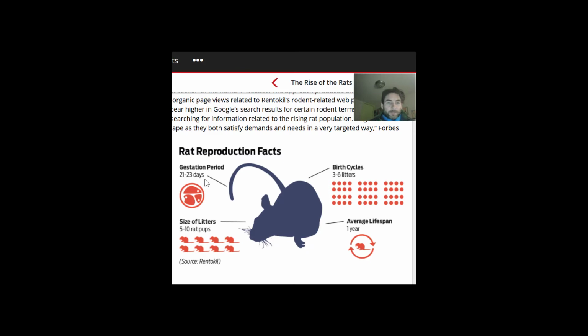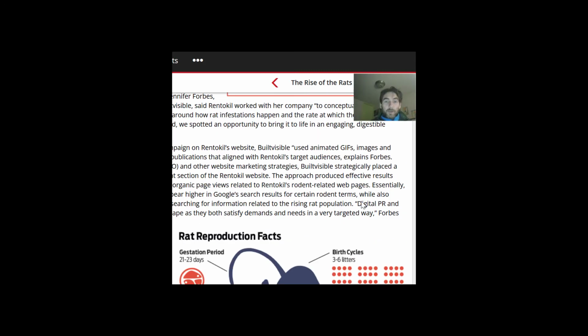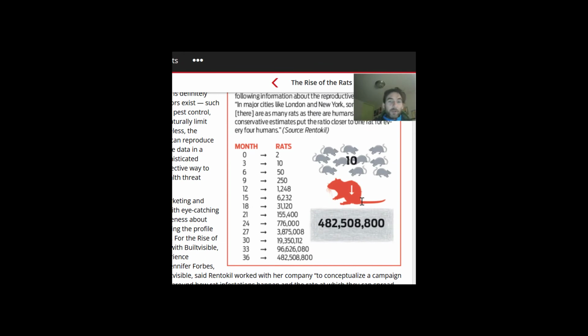And they have 5 or 6 rat pups in each litter, and one rat can have 3 to 6 litters in 1 year, right? And then the average lifespan of that mother rat would be about a year. So in any case, that's where the 71% average came in, but that's only in perfect conditions for the rat.